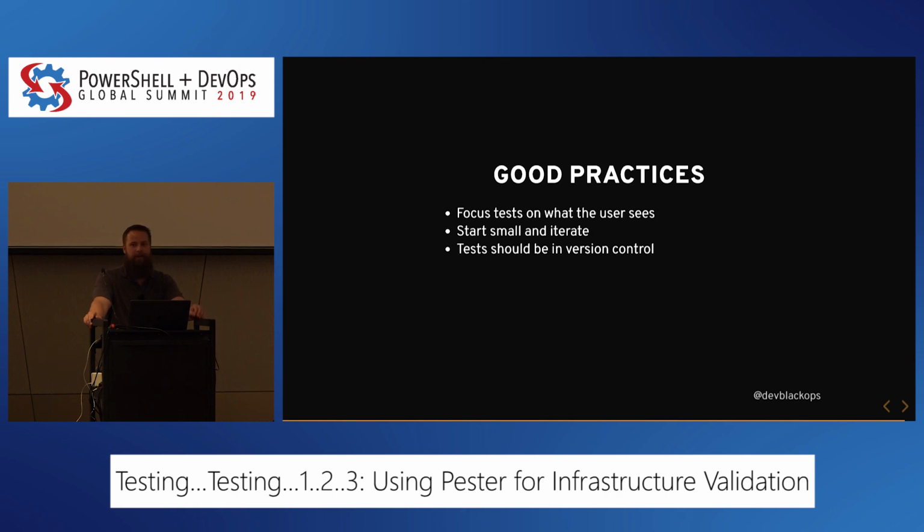Also, the tests to validate or monitor that application should be in that same repository. If it's not, and these are separated out, it's highly likely that things will get out of sync. Maybe you maintain this application, someone else maintains the monitoring of the application. They may not have the right context to do the correct monitoring for the application. So the more centralized you can get these things together, the better it will be ultimately.